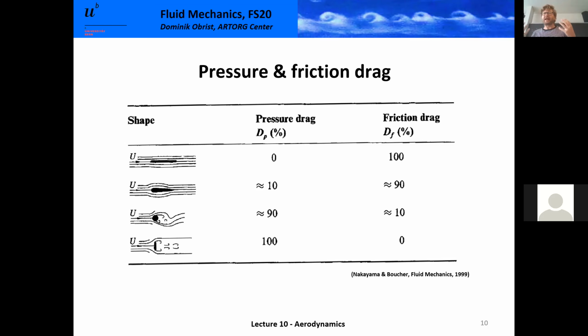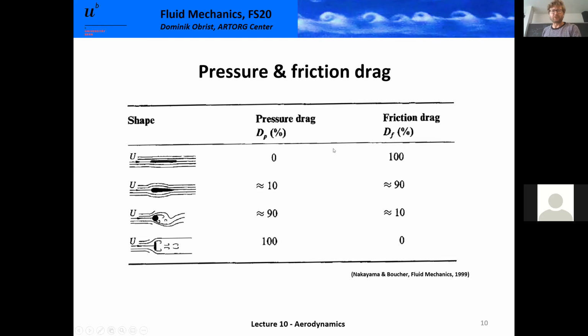So the only drag this object can experience are the tangential shear forces of the viscous friction in the boundary layer. So this is why in this example, we have 100% friction drag and 0% pressure drag.